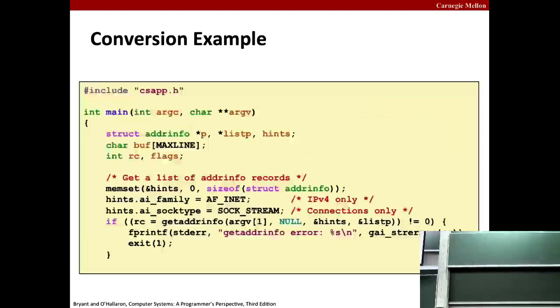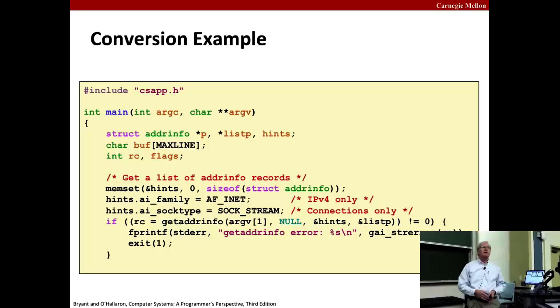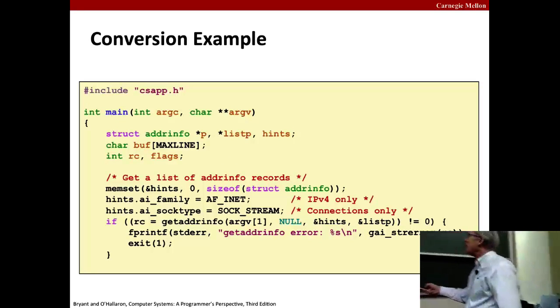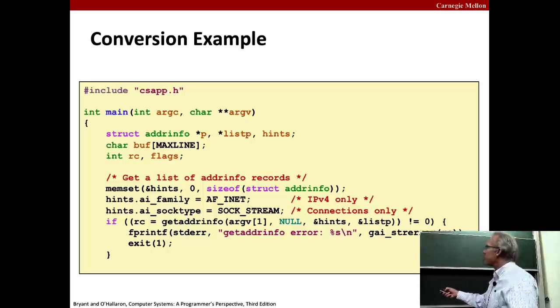And all I did to generalize it to include IPv6 addresses was comment out this line. I don't demand that it be AF_INET, which is a shorthand for IPv4. So by commenting that out, it said, okay, I'll get whatever TCP connections this domain will support, and that will include IPv6 addresses.